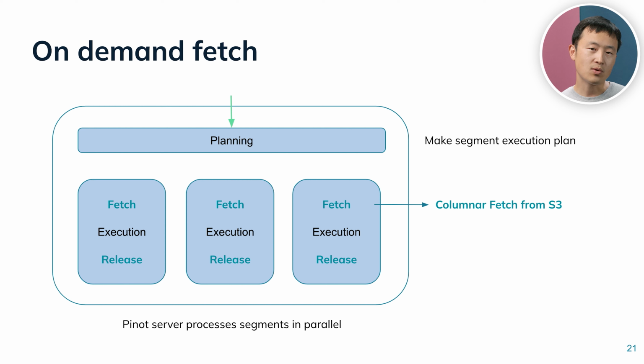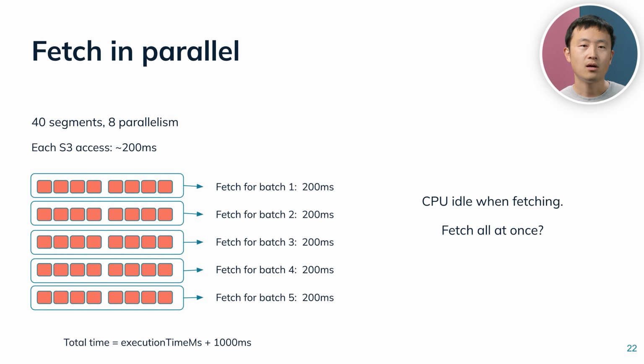All those threads, as you can see in this figure, repeat those three major steps: fetch the columns needed by the query, process those, and release those. But here is an example to understand some drawbacks of fetching data on demand. Assume we have 40 segments on this server and 8 threads to process them in parallel.